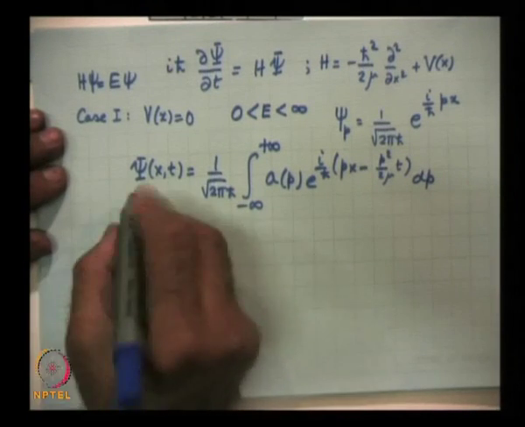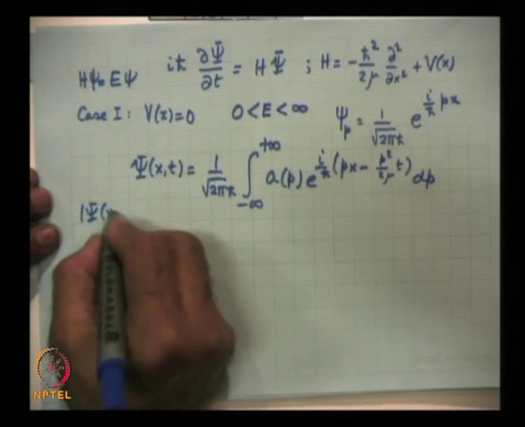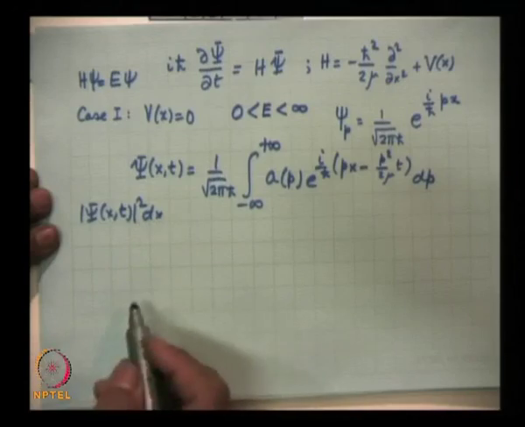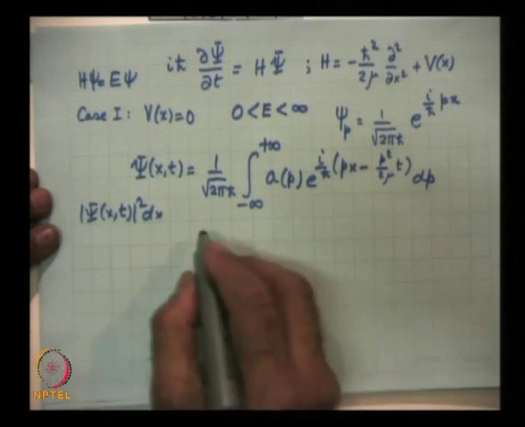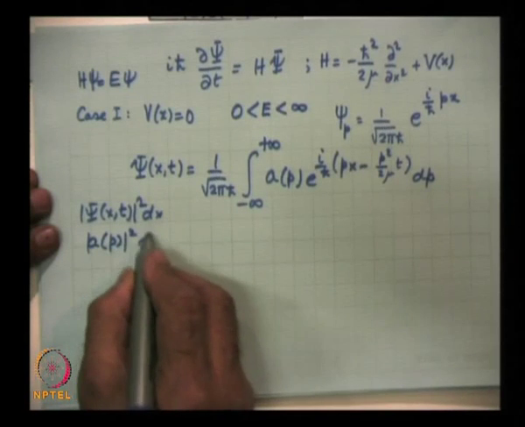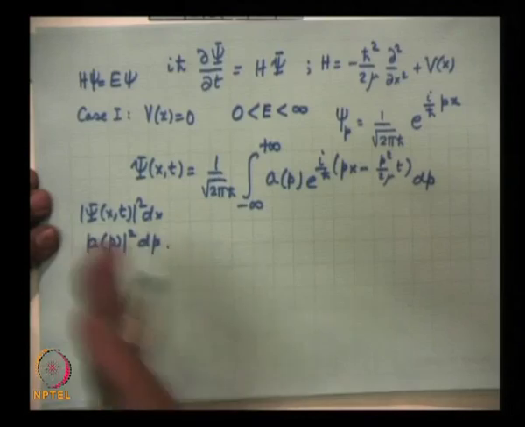And mod psi x t square dx represents the probability of finding the particle in the space dx between x and x plus dx. Similarly, mod A p square dp is the probability of finding the particle, and then you can find out the expectation values and things like that.